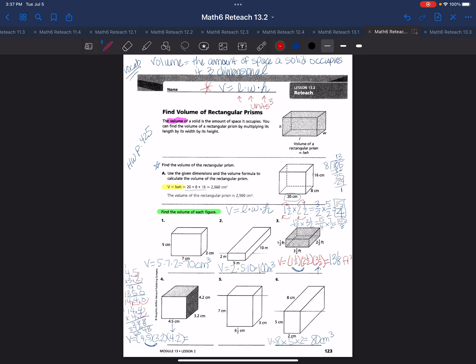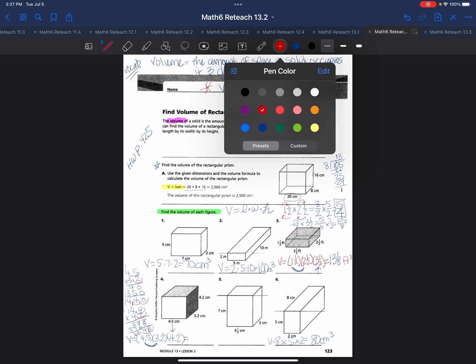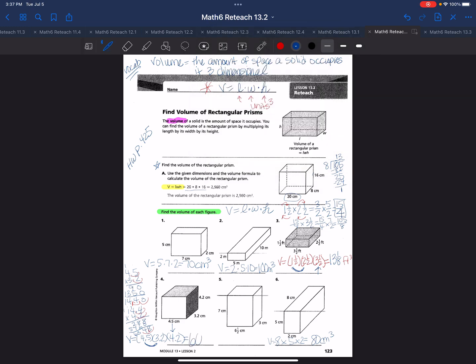You've got 1, 2. So my answer would be 60 48/100 centimeters cubed. You would do the same thing for number 5. You can work that one out on your own, and you would get 136.5 centimeters cubed. And that is your lesson for Module 13, Lesson 2 for Grade 6.